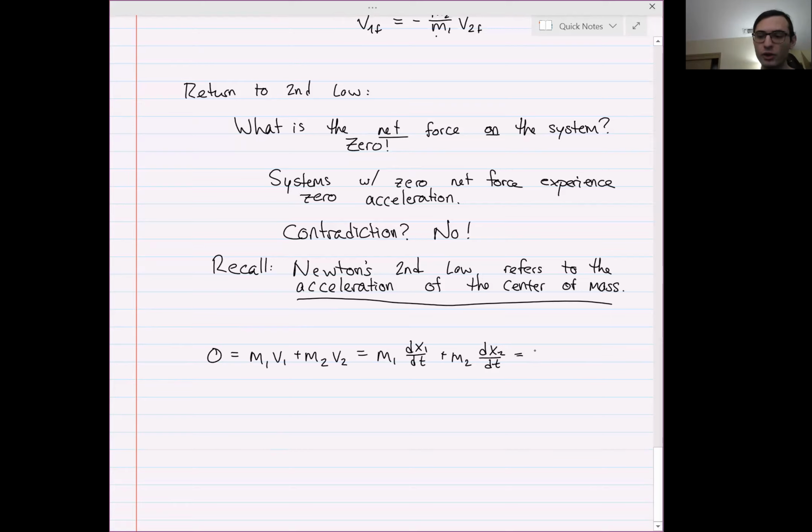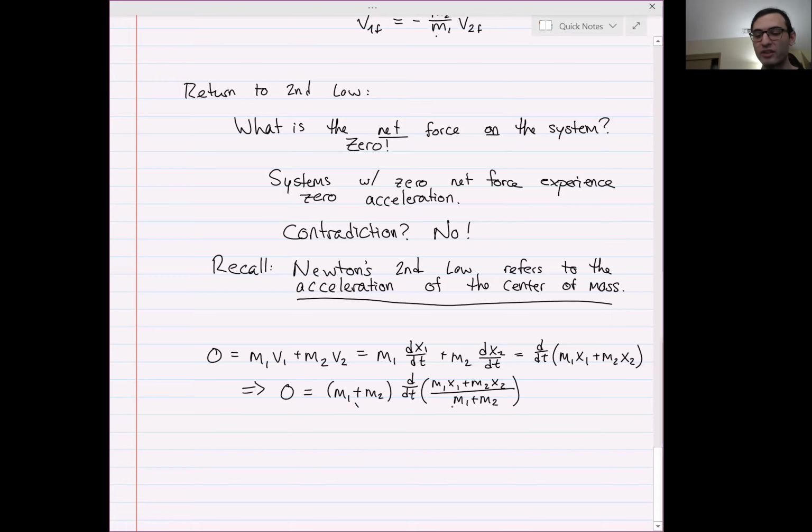And if you're careful, you'd find that this is equal to the time derivative, assuming the masses are fixed, of m1 x1 plus m2 x2. And so what that implies is that 0 is equal to, with some algebra trickery, m1 plus m2 times the time derivative of m1 x1 plus m2 x2 divided by m1 plus m2.